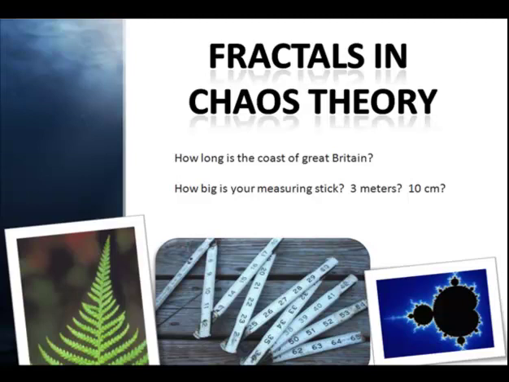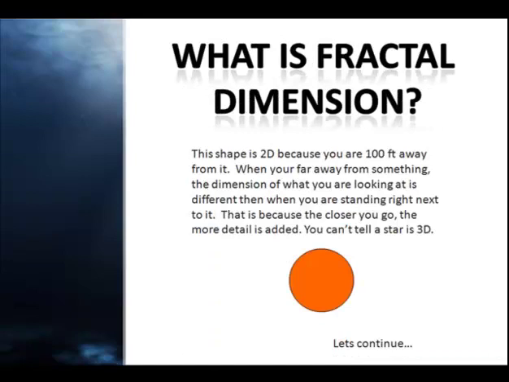You can see some images there of fractals, with the Mandelbrot set on the right and a piece of nature where you can see fractals, how plants grow in fractals. And of course, that then brings on the question: what is fractal dimension? In this well-known paper, he talks about fractal dimension and how the shape of a 2D object will appear as 2D because you're so far away, like, for example, a star.